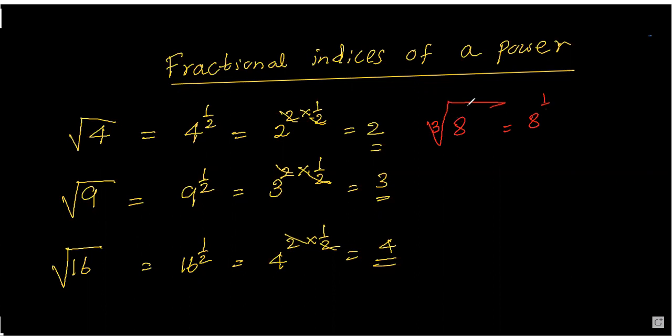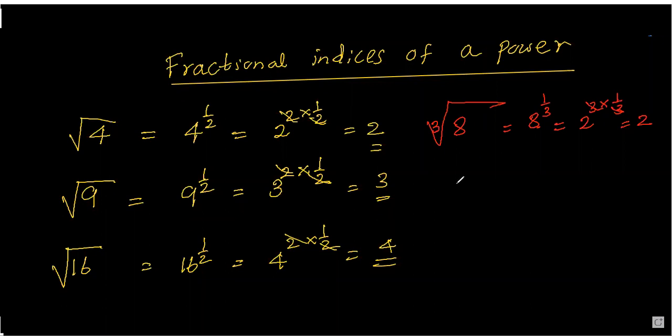The cube root of 8 is 8 to the power 1/3. So you can write 2 to the power 3, into 1/3. You can write 8 as base 2 power 3. Then the answer is 2. The cube root of 8 is 2.